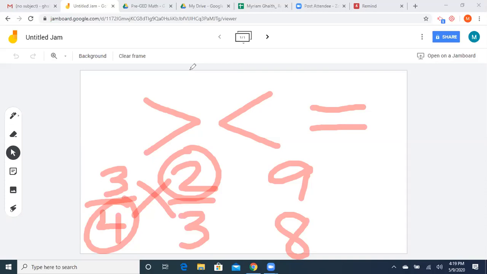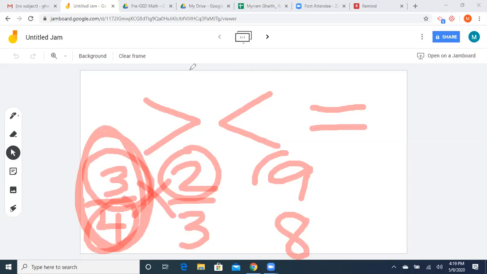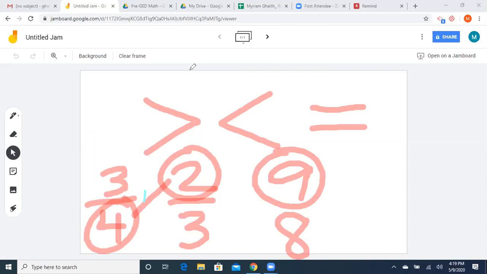Does that make sense? Because we started with this fraction first. We multiplied 3 times 3. We're going to call this the first fraction. So 3 times 3 gave us 9, which is greater than 4 times 2. Therefore, I'm going to erase a lot of this here.